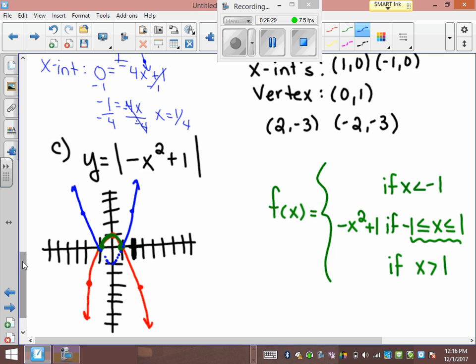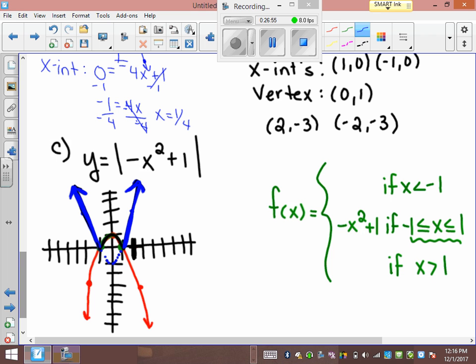It just doesn't include this. You don't draw this piece, right? The only piece that exists on the absolute value function is this, and this. This black would represent the absolute value, right? It's the weird looking W. But this arm here and this arm here follow the concave up parabola, correct?